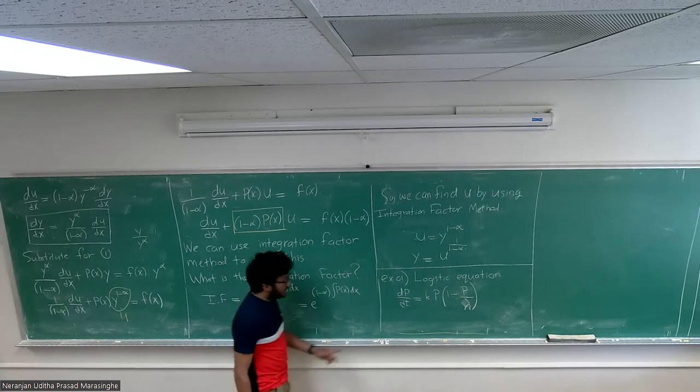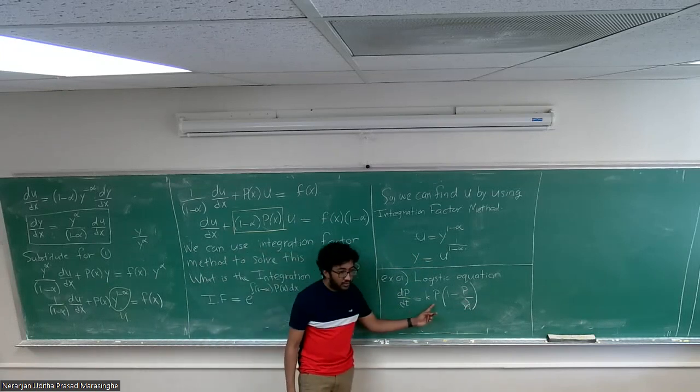You can see that this is a nonlinear differential equation, because if you simplify this bracket, you would get P square. So you can use this Bernoulli structure.